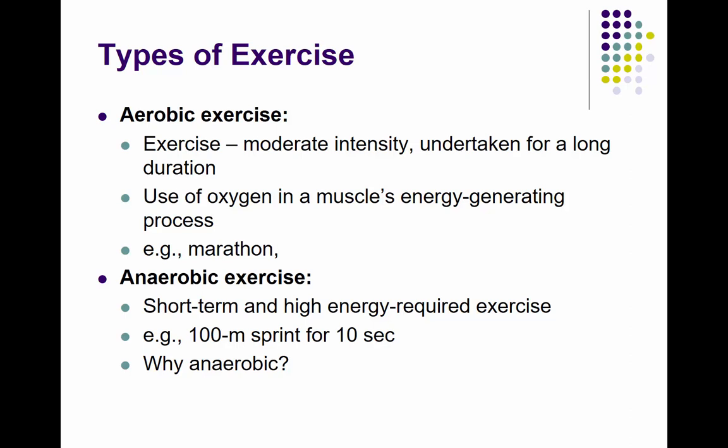Wonderful, yes, great. Because oxygen cannot be transported quickly enough to the skeletal muscle to do aerobic exercise in only 10 seconds. This is the most important reason why 100-meter sprinting is an anaerobic exercise.